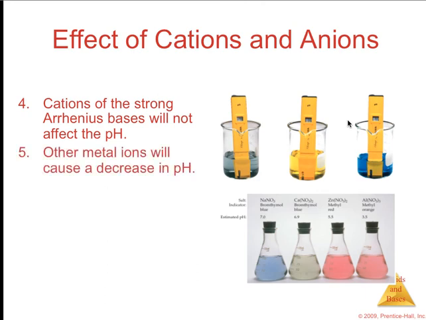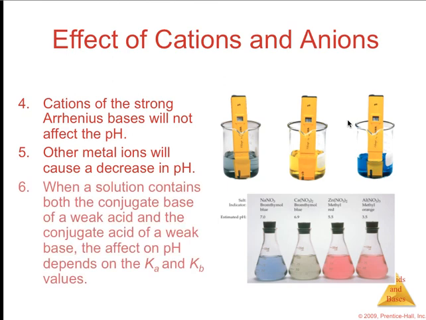When a solution contains both the conjugate base of a weak acid and the conjugate acid of a weak base, it's going to depend on the Ka and the Kb values of those two substances to determine what's going to happen to the pH. The one that is the weaker is the one that is going to affect the pH.